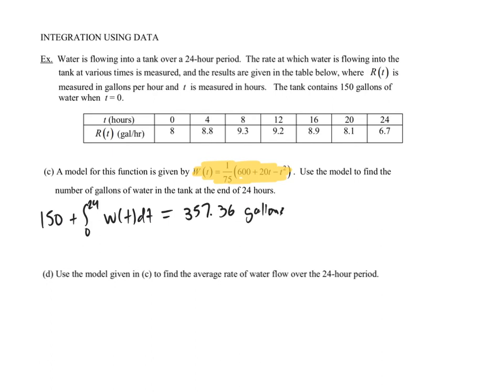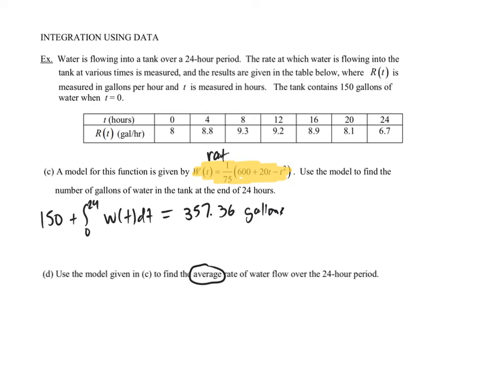In part D, it says use the model given in C, which remember represents the rate at which water is flowing into the tank, to find the average rate of water flow over the 24-hour period. So this is going to be the average value formula because they are asking for the average of a function that we have in our hand.